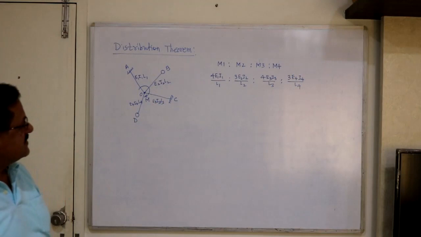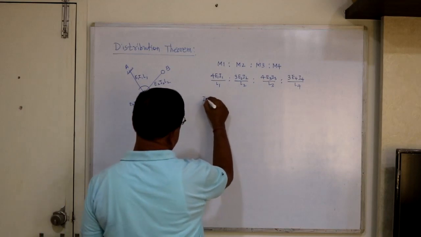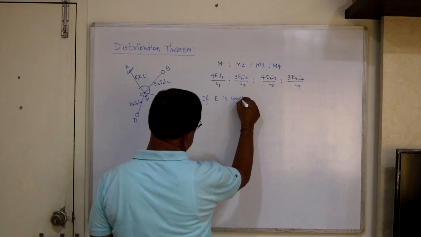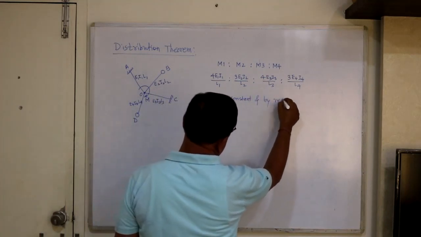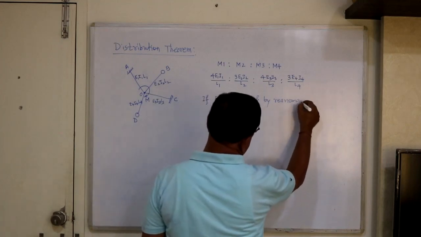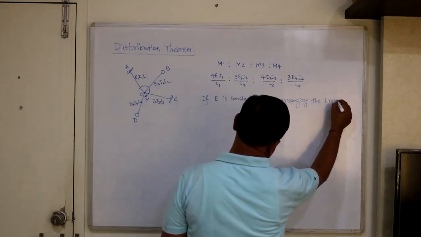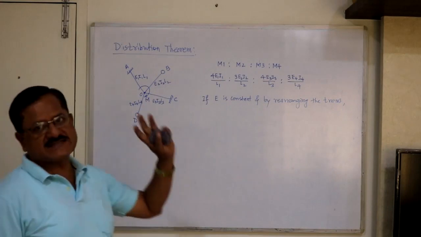Now, taking E constant and rearranging the terms, if E is constant, it gets eliminated.